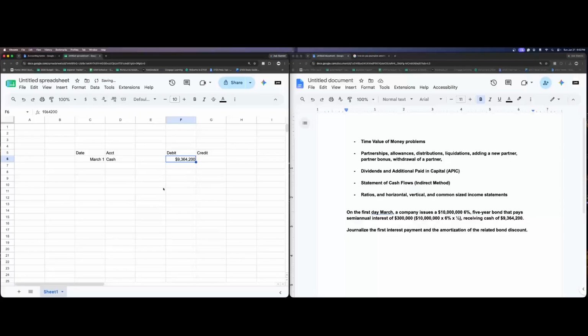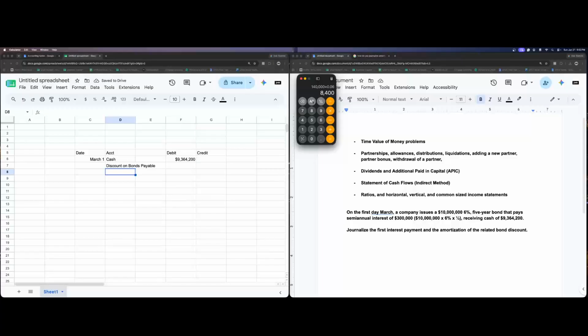And then because there is a discount, a discount on bonds payable, of the amount of 10 million minus 9,364,200, which is 635,800.